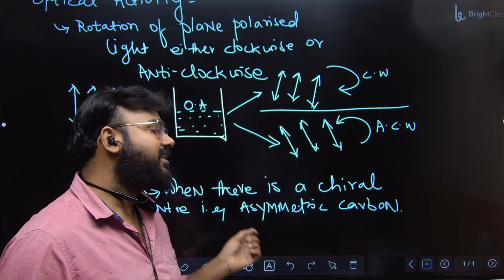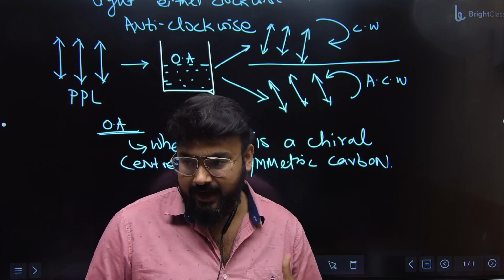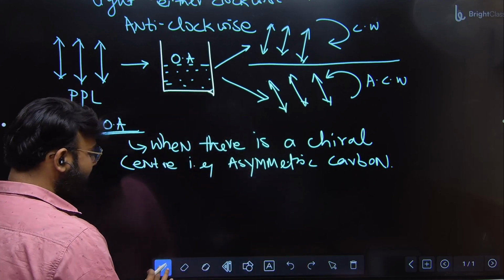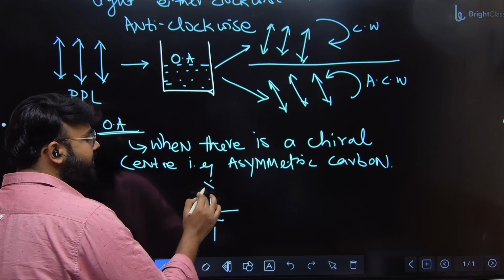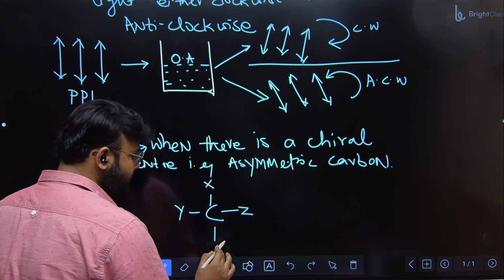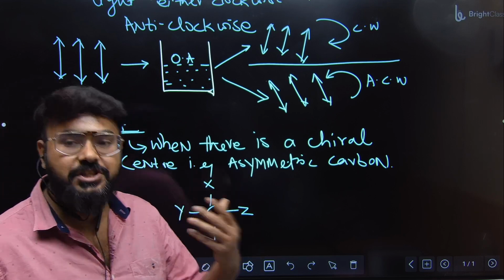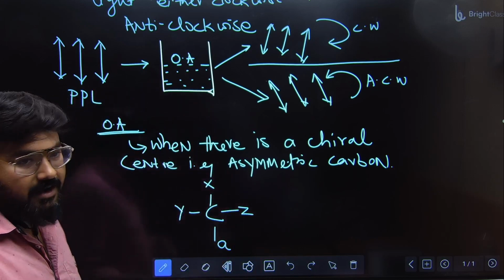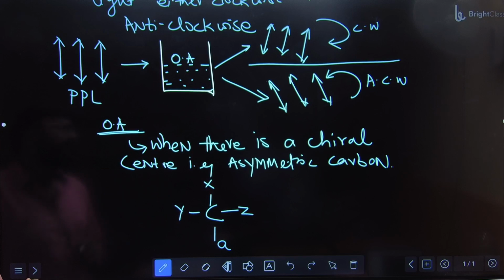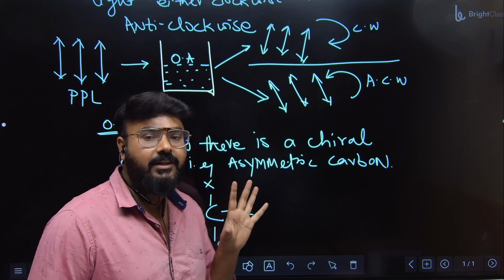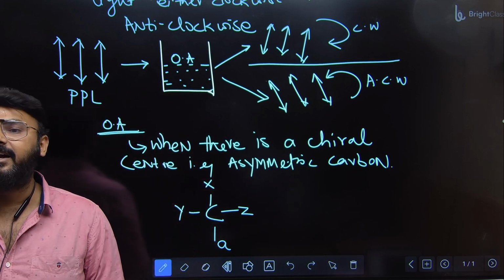So in simple words, where a 10th grade student can also understand: when a carbon has all four bonds different, such a carbon is called chiral carbon or asymmetric carbon. Take a note of it. And if the compound has such carbon, it is called optically active.